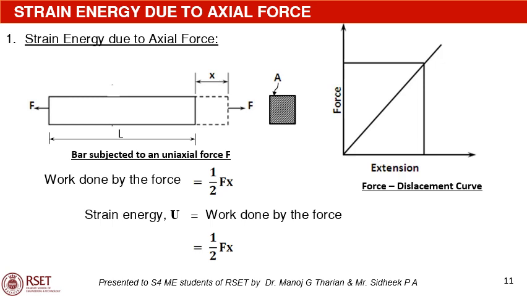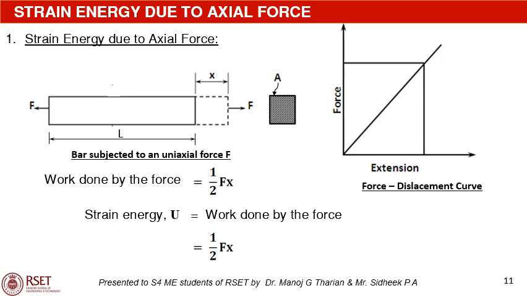Consider a bar of length L and a uniform cross-section A. The bar is subjected to an axial force F. Let X be the extension of the bar due to the force F as shown in the figure. The force displacement curve for the bar is shown in the figure.